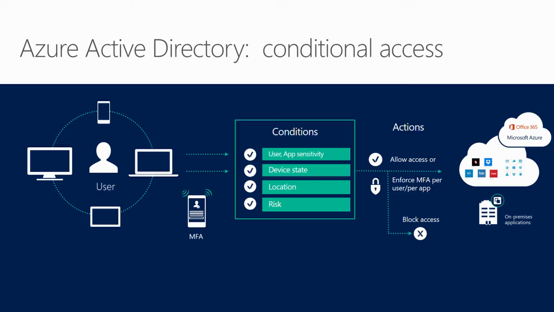We want to make sure that access to that endpoint is only from places that make sense for your business, for your policy. So you can configure these conditional access policies for Office, for Azure, for all these other SaaS apps, and they're enforced in the directory each time someone logs in.